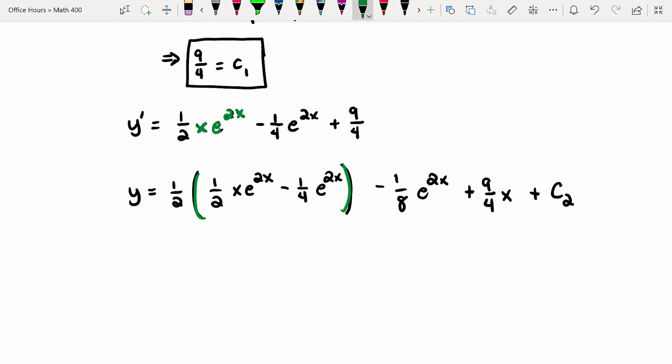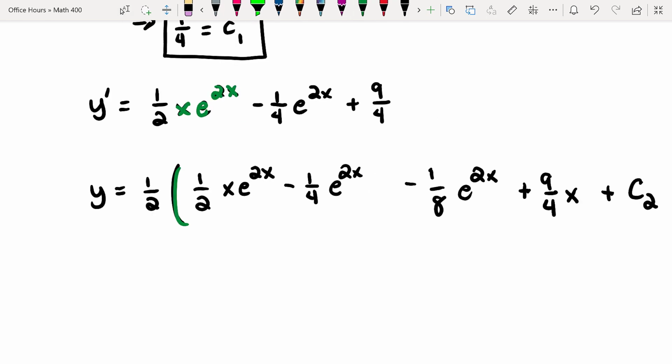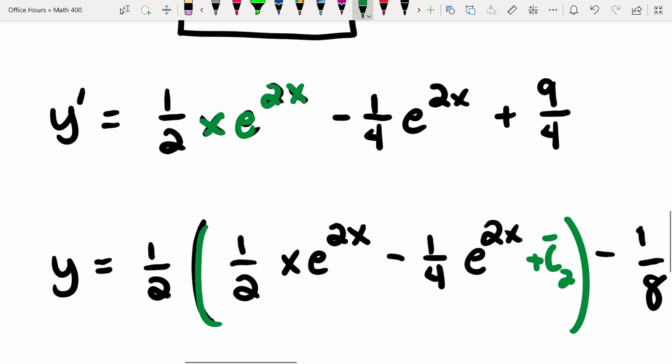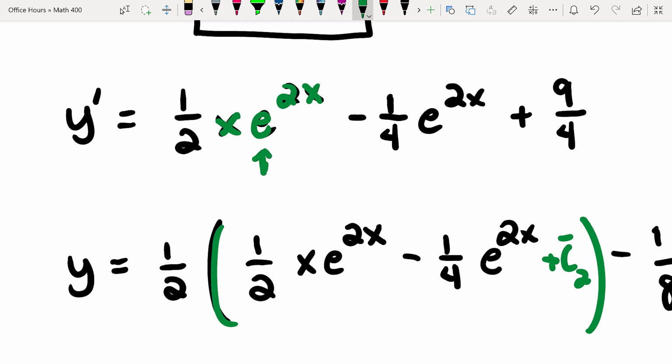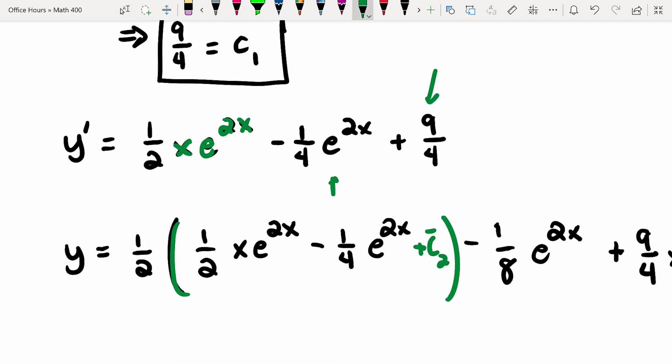The other thing I want to mention here is just from your Calc 2 class. Remember, when you find the antiderivative, you get a constant of integration. Technically speaking, there is a constant of integration right here. I'm going to call it c sub 2 bar, because when we took the antiderivative of this, we found a constant of integration. In fact, each one of these, the antiderivative of negative 1/4 e to the 2x and the antiderivative of 9/4, they all produce constants of integration.